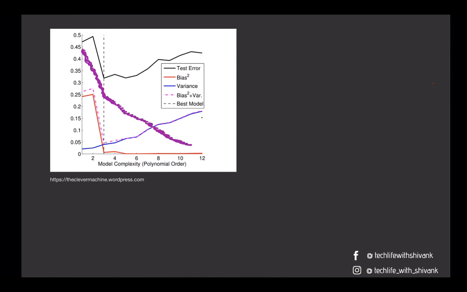So training error goes lower as we overfit the data, but the test error after this point goes higher. And since we care about generalizability, we care about test error more than the training error, and hence the ideal model parameter for this case would be a polynomial of degree 3.